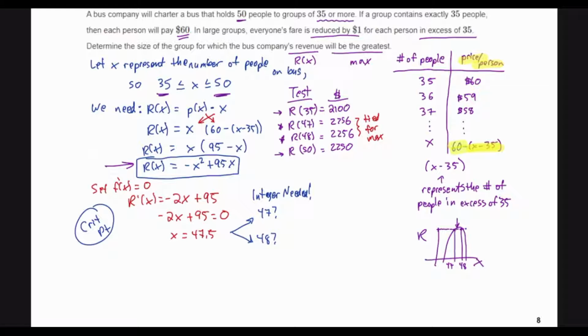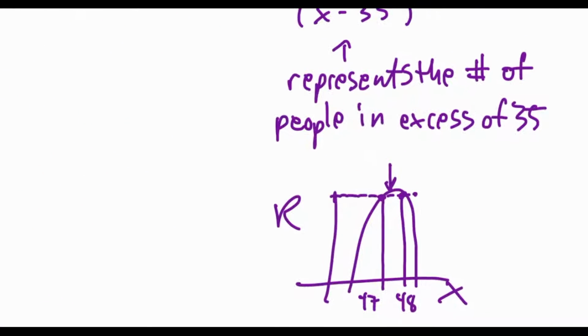And I guess we didn't actually prove that it was a max. I didn't do my interval test. How do I know that it wasn't a minimum? We can kind of already see from the numbers. But I guess we did kind of prove that, because when I tested 47 and 48, instead of my actual value of 47.5, I was testing on either side. Just to confirm, let's evaluate our function for 47.5 and see what we get.